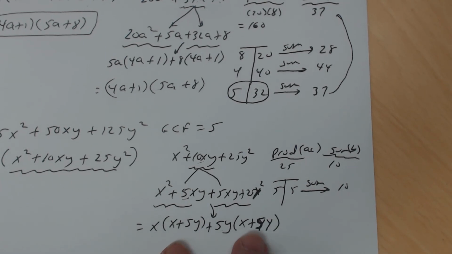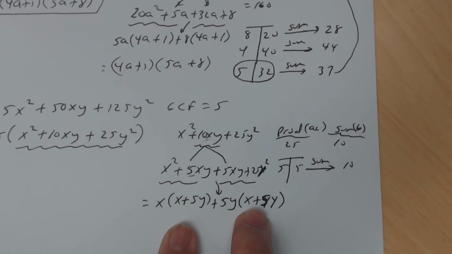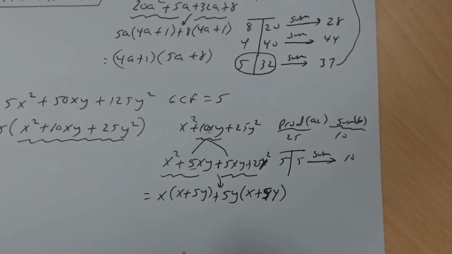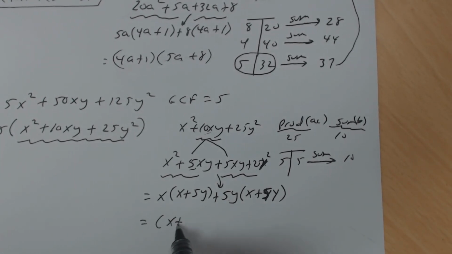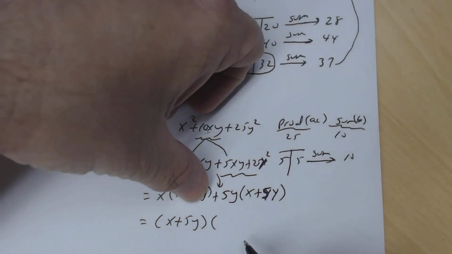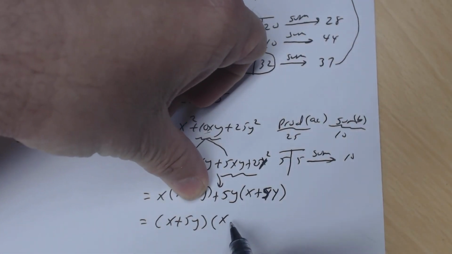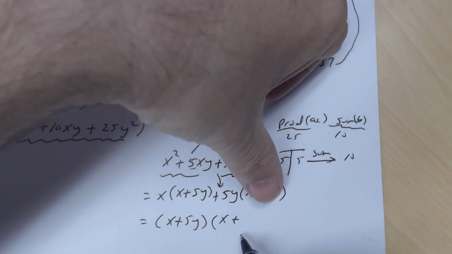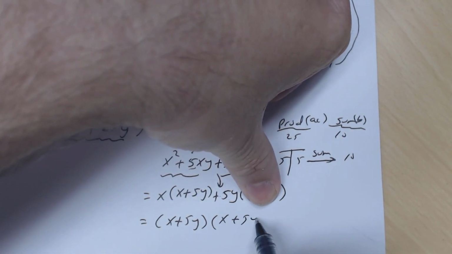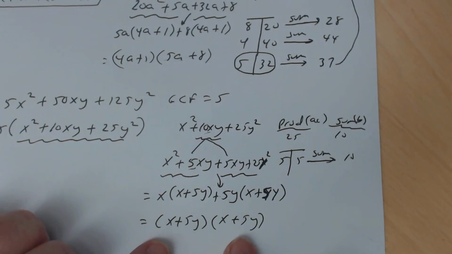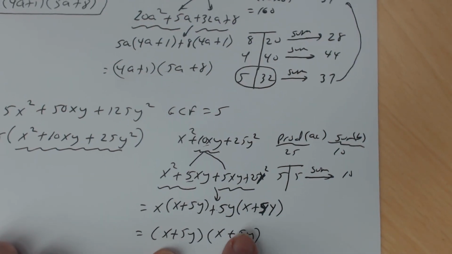And again, if you look at this, these two are the same factors, so factor it out. I get x plus 5y times x plus 5y. So notice that these two binomials are the same.